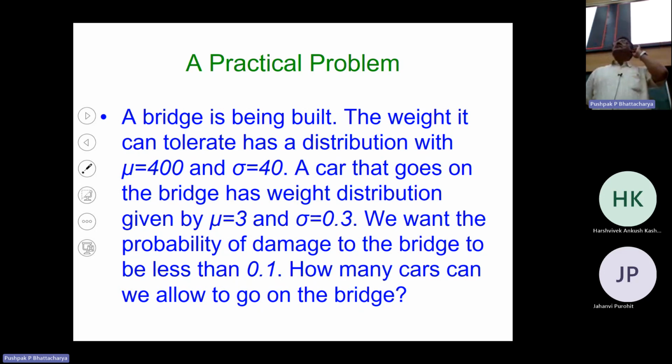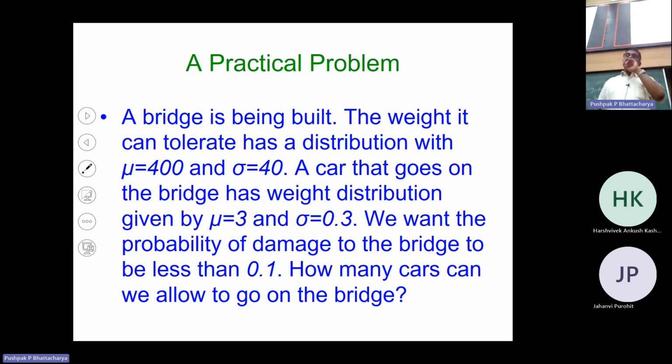We are just introducing probability here to introduce the concept of a random variable. Now, if I take any bridge and try to find out what tolerance it has to breakage, then the value will differ from bridge to bridge.